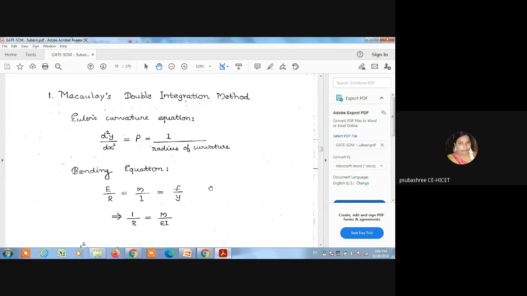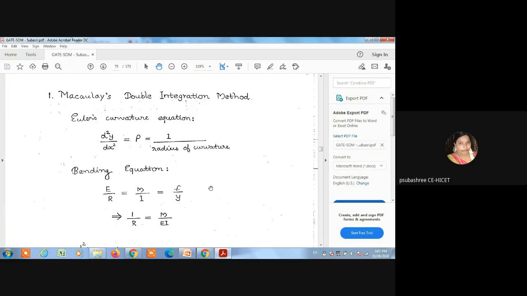What methods are used to determine the deflections? You have already studied this in the strength of materials paper. What methods are available to determine the deflection of a beam?